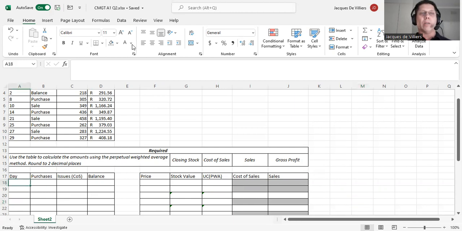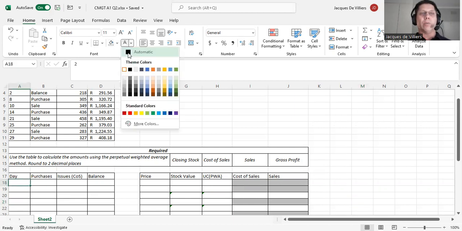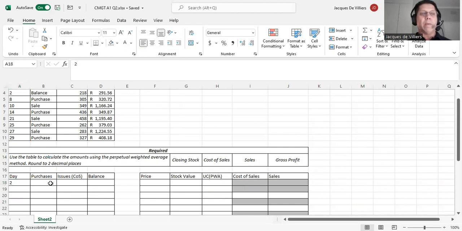We know that on day 2, we have no purchases, we have no issues, but we have a balance of the previous month of 218 units in our storeroom.